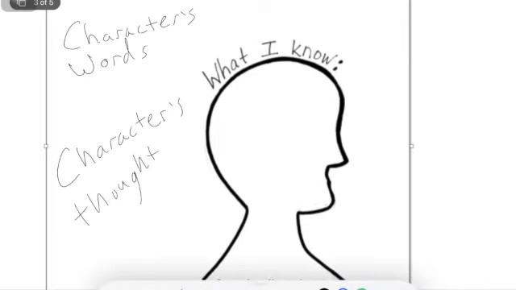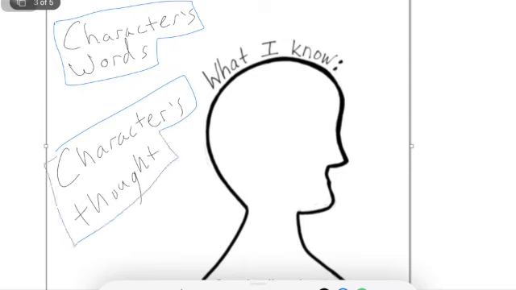And the main things I want to look at are a character's words and a character's thought. So by words, I mean, what does a character say? What did they say that makes you pick out that trait for them?